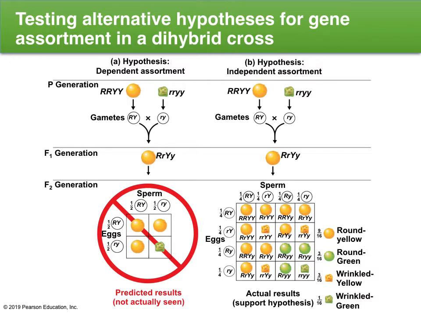So 9 with the phenotype of round yellow, 3 each for the two possible heterozygotes, and then 1 out of 16 would have gotten recessive alleles for both of the characters. So you can see if you're trying to breed for something like this, this parent we have up here, it's going to take quite a bit of breeding to be able to get individuals to cross to generate that purebred.